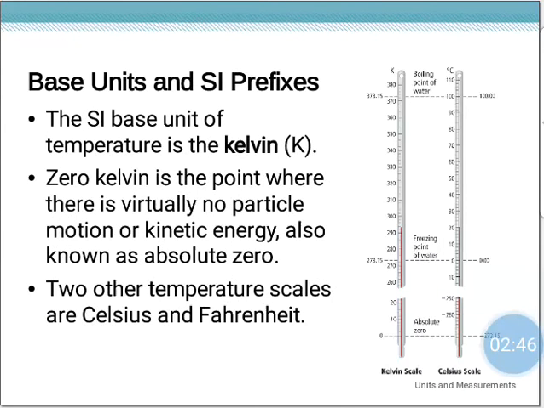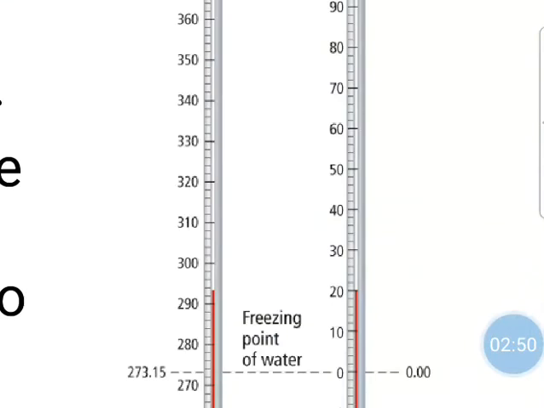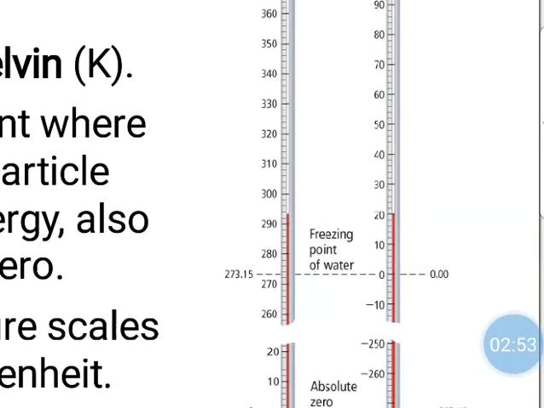So this slide for Kelvin is very important. I'm just going to zoom in on it a little bit so that you guys see this. This is a really cool little reference slide also. When you're doing your bell ringers, you might use this to answer some of them. The really important part of this is that you look at the boiling point of water and you notice that 100 degrees Celsius is the boiling point, and so is 373.